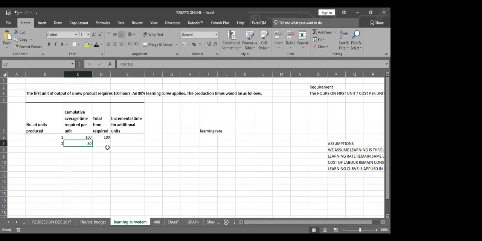You are learning, so the hours spent reduce by that rate. That is how it is tabulated. Then if you multiply this by 2, in total you spend 160. Because it's the doubling effect, next we double to 4.